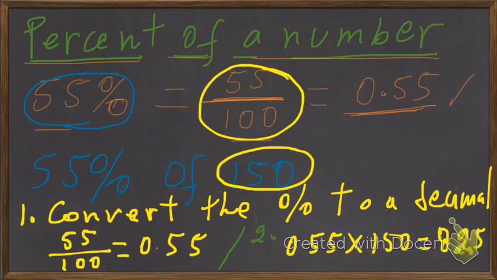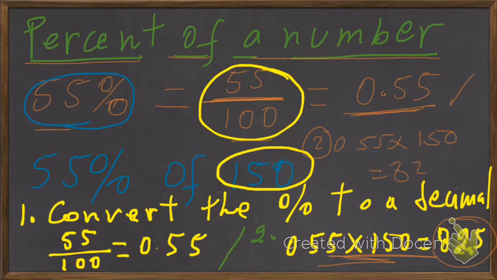Yes, 82.5 should be 55% of 150. So step 2 was 0.55 times 150, or multiplied by 150, and that should give us 82.5.